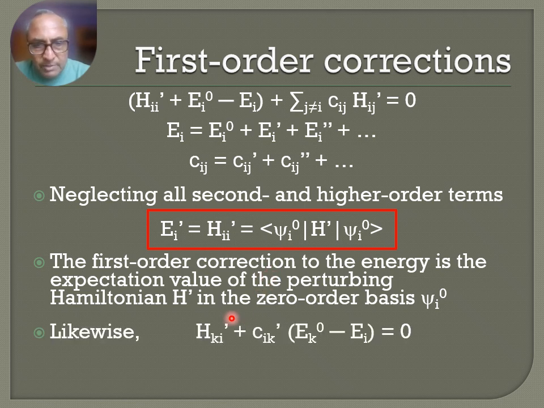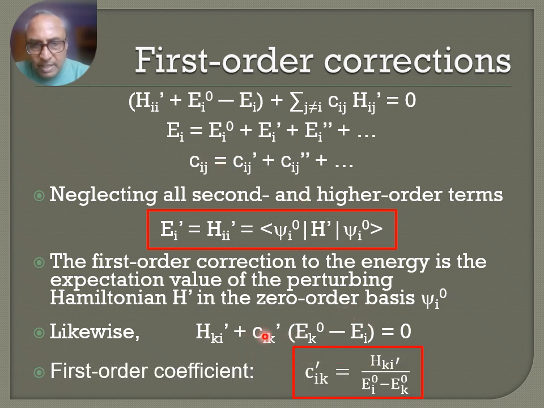Likewise, from the expression H_ki dash plus C_ik dash times (E_k^0 minus E_i) equal to 0, taking the first order approximation in here, since C_ik dash is already of first order, if we retain only the zero order term for E_i, that is E_i equal to E_i^0, we get C_ik dash is equal to H_ki dash divided by (E_i^0 minus E_k^0).